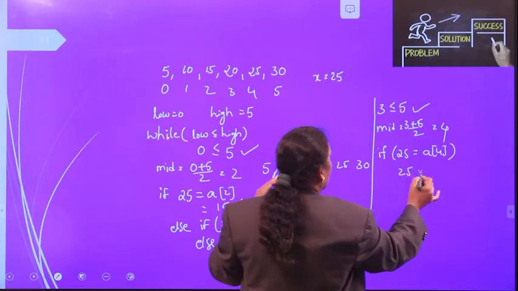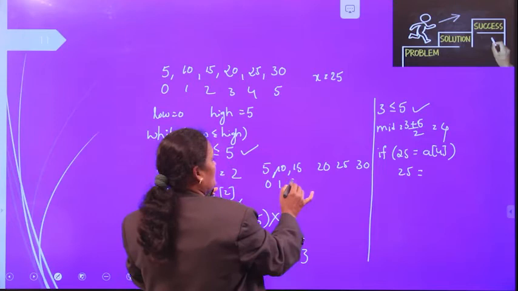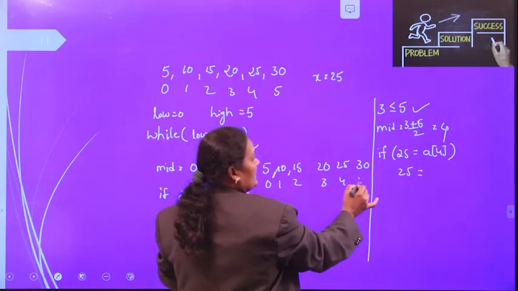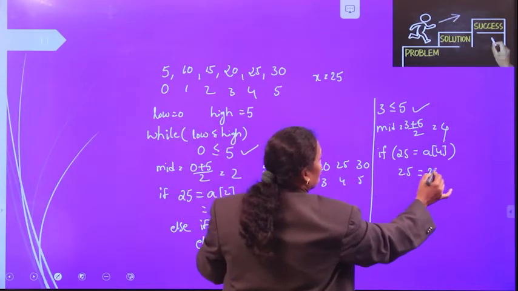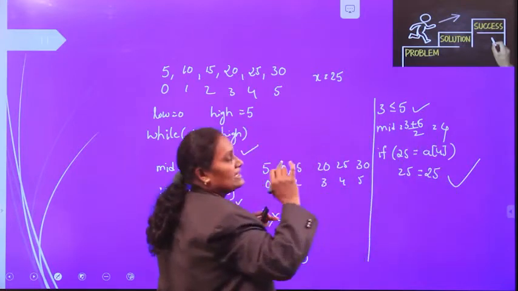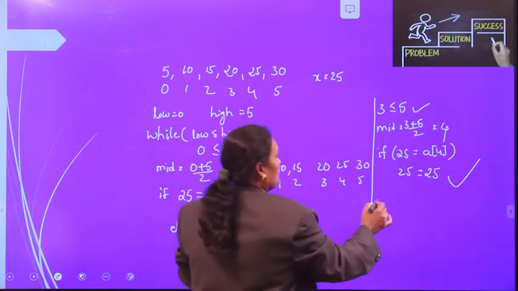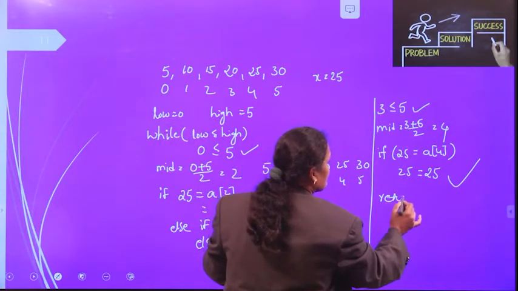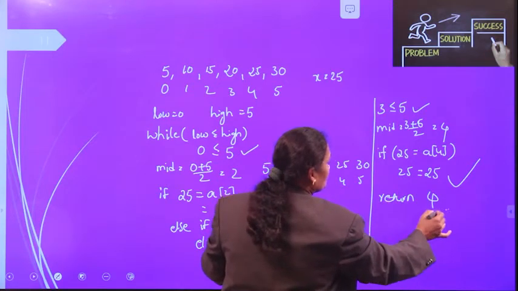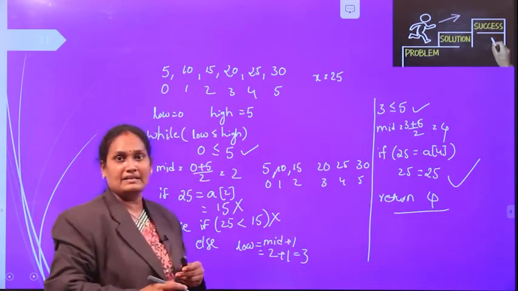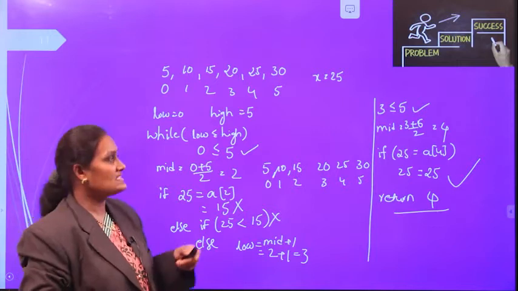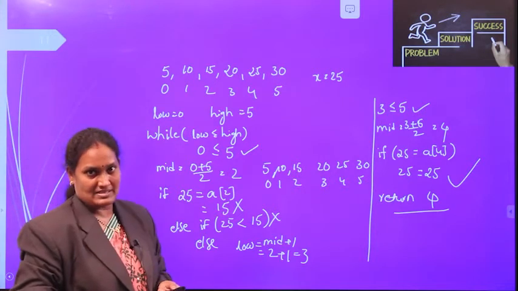What is A of 4? Here this is 0, 1, 2, 3, 4, 5. Here A of 4 is 25. So since 25 is equal to 25, we return the index, which is nothing but 4. We find the element at index 4. This is the iterative binary search.